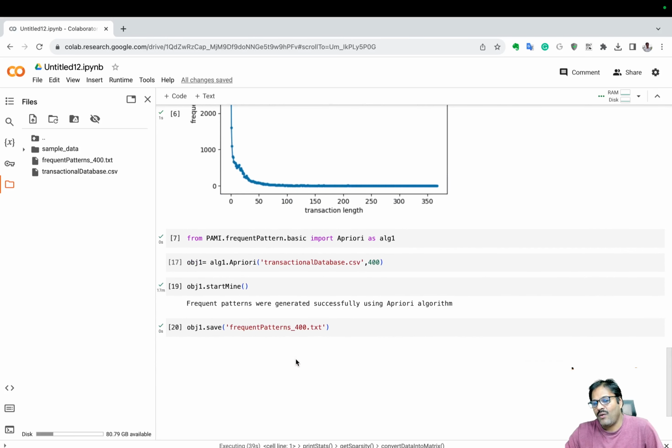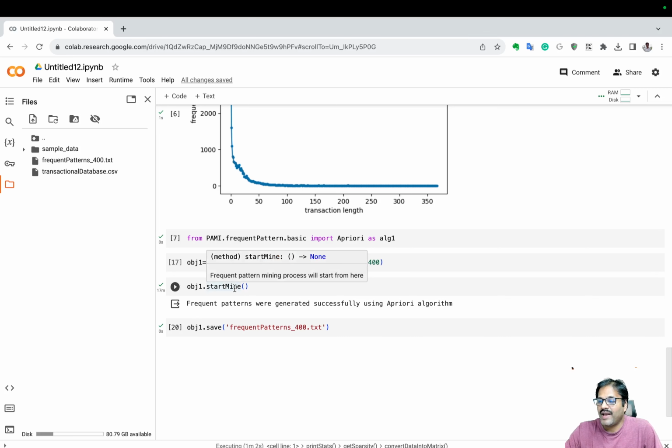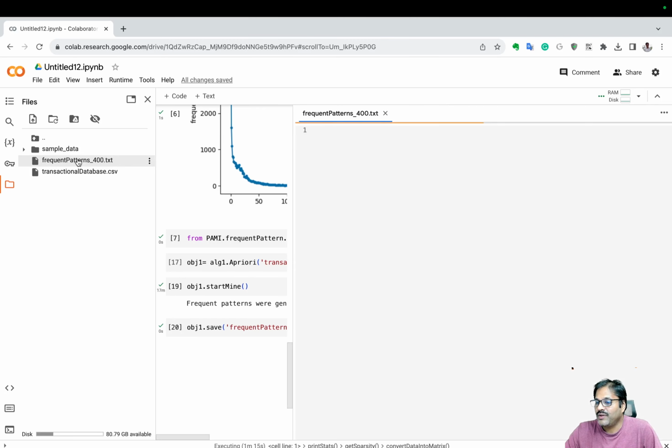Once we have understood the characteristics of the data, we can simply use the a priori algorithm available in the PAMI repository, by providing the transactional database and minimum support as the parameters, and mine the patterns. Once we mine the patterns, we can save them in a file and view them.